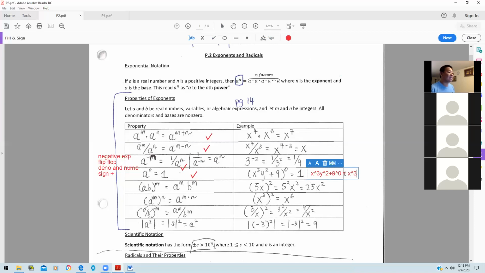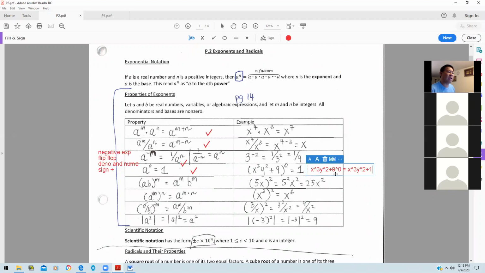Your answer is x to the 3rd y squared plus 1, because 9 to the power of 0 becomes 1. I just want to emphasize the parentheses here, because a lot of students think, oh, David says anything to the power of 0 is 1. It's not necessarily so. If it's all inside the parentheses, then the whole thing is 1, but otherwise you only affect the 9 and the 0.